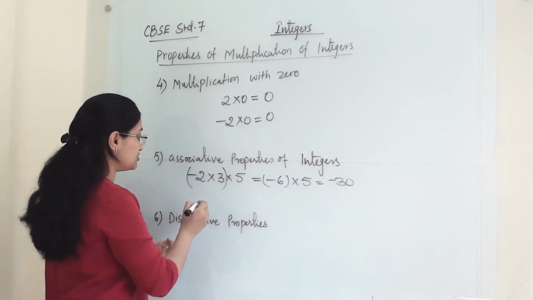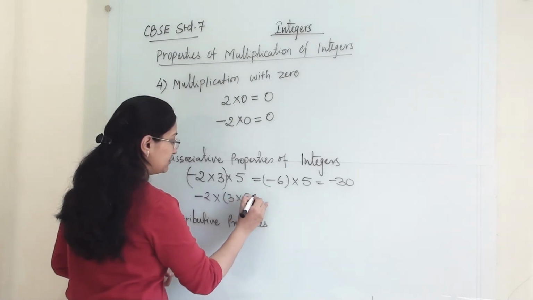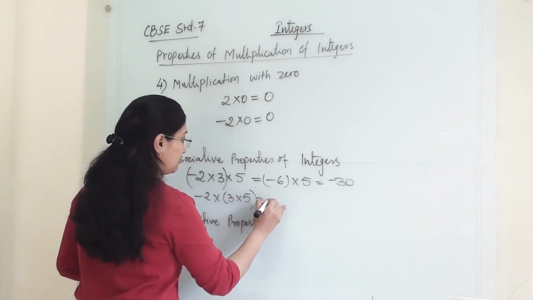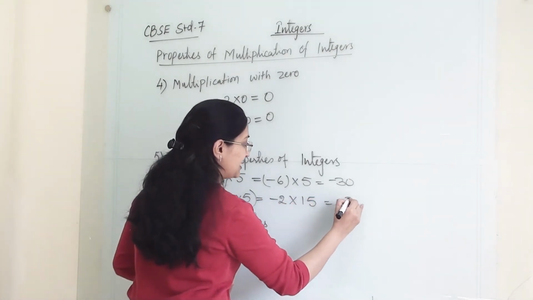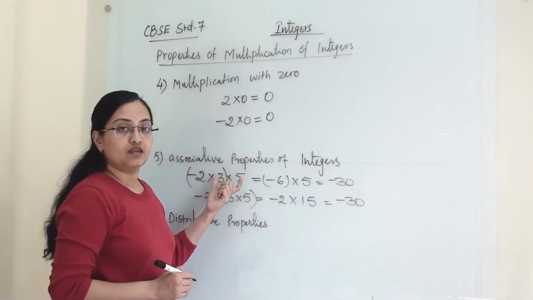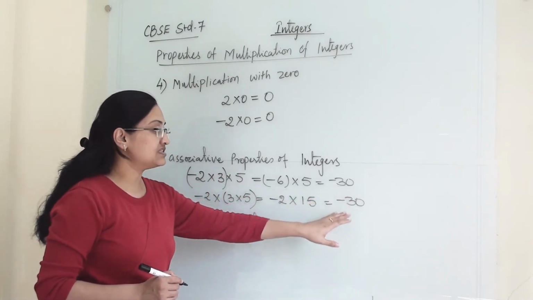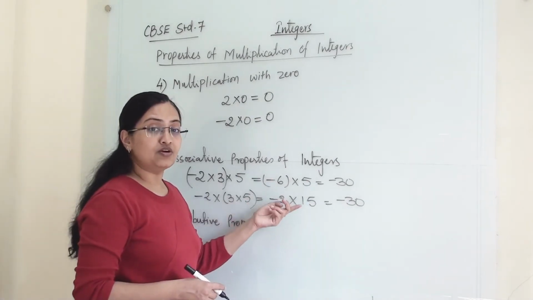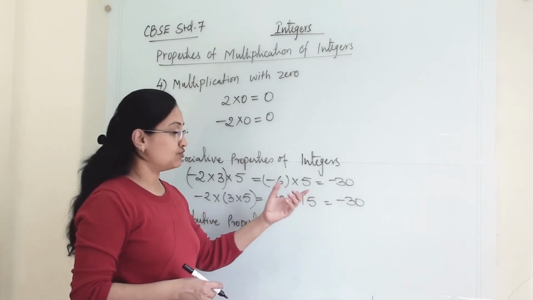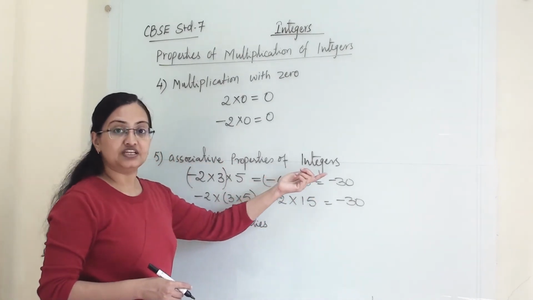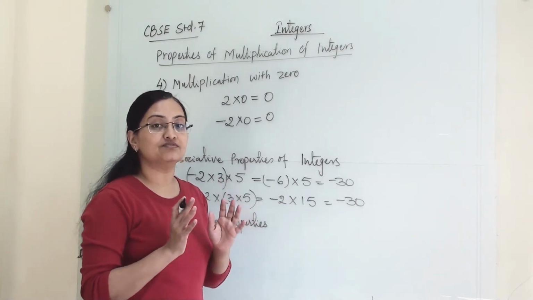If we change the group, for example minus 2 into the group of 3 into 5, then the answer is minus 2 into 15, which is minus 30. So even if we change the grouping of the numbers, the answer will remain the same. The grouping of the numbers will not affect the result of the multiplication. So the associative property of integers is that when you change the grouping of the numbers, the result will remain the same.